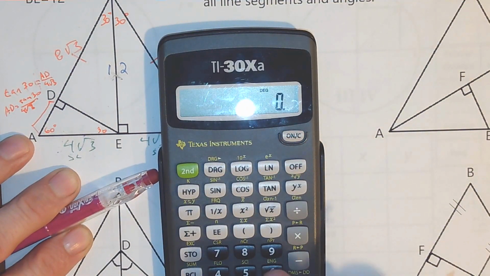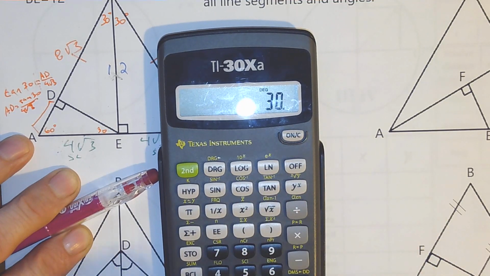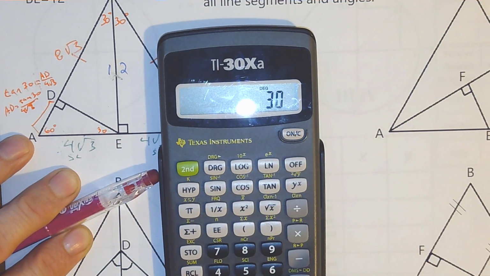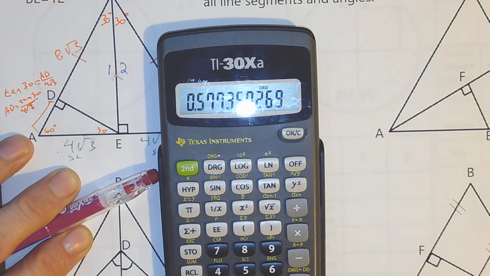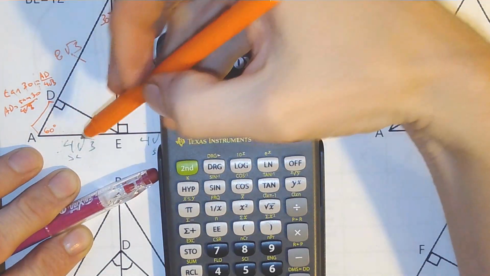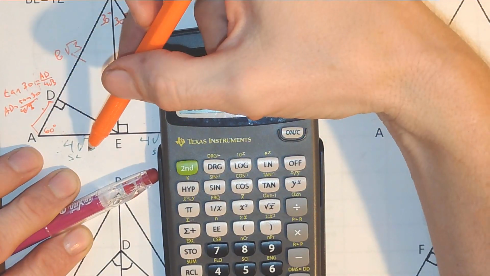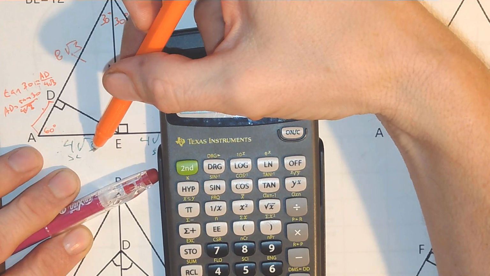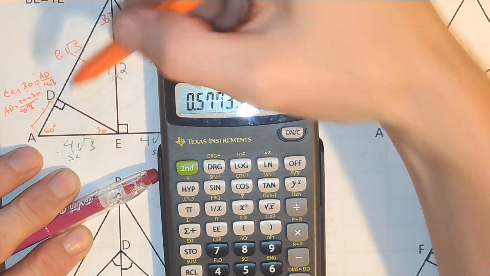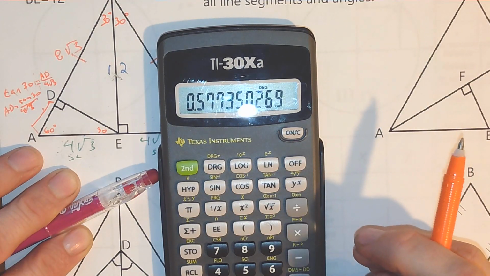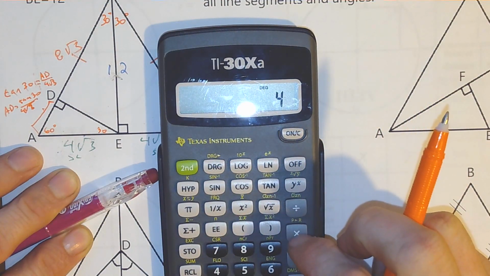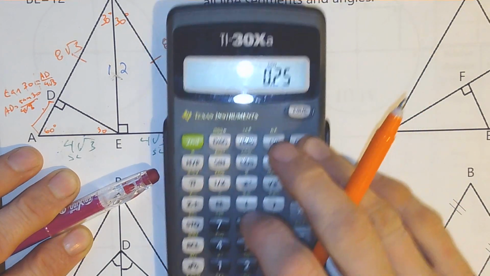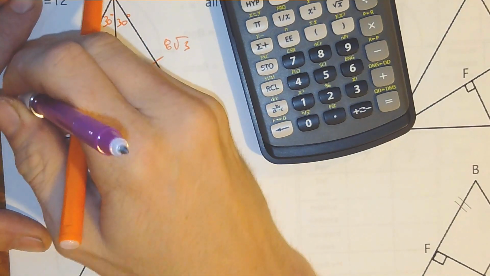Okay, so tangent of 30, divided by opposite over adjacent, divided by 4 times 0.25. That doesn't seem like it's right.